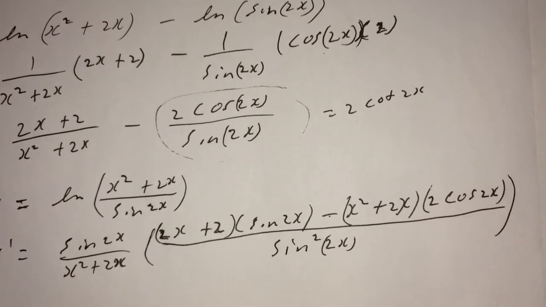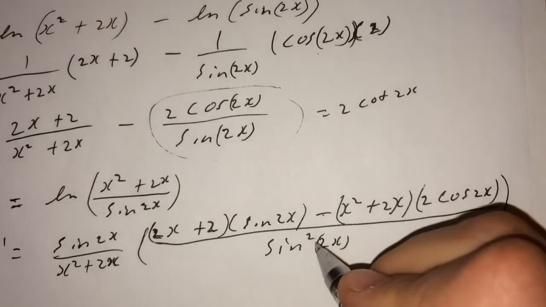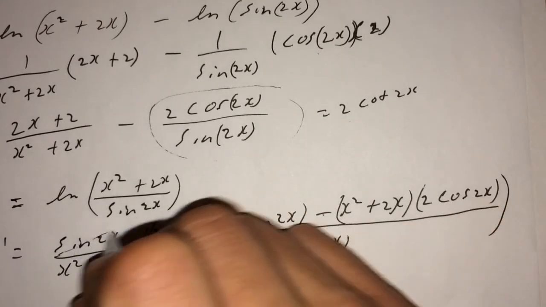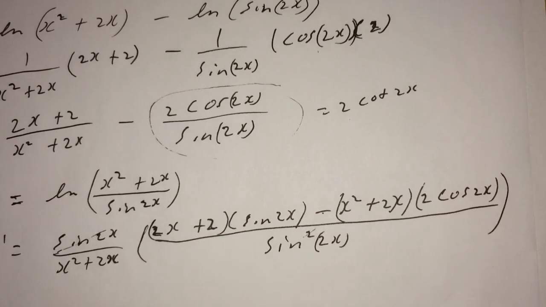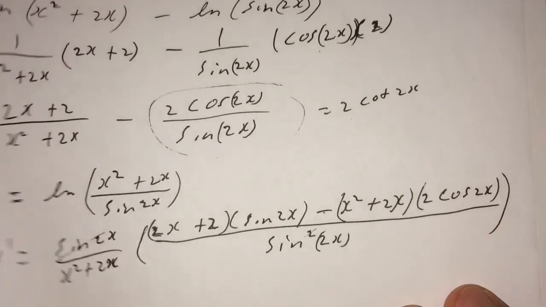So that was out of the camera as well. So this would be the answer to that one. And you could cancel out one of the sine 2x's and rewrite that. And you couldn't cancel out this one. Okay, so those are some examples for logs.